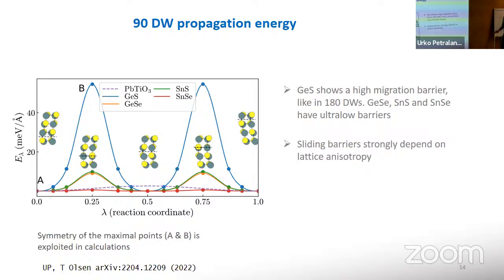However, in the less anisotropic materials, which are actually the experimentally existing materials, we have this. This is experimentally existing as a monolayer, and tin telluride is also experimentally existing. So their barrier is near zero. It's very small. As a comparison, this is lead titanate, calculated 20 years ago by Vanderbilt and company, which is much higher than tin selenide.